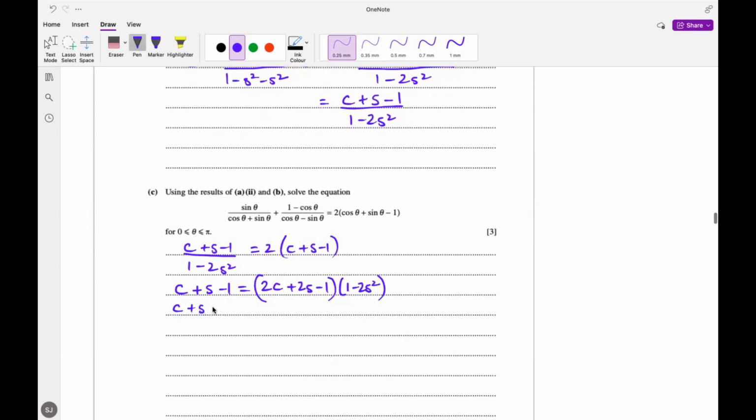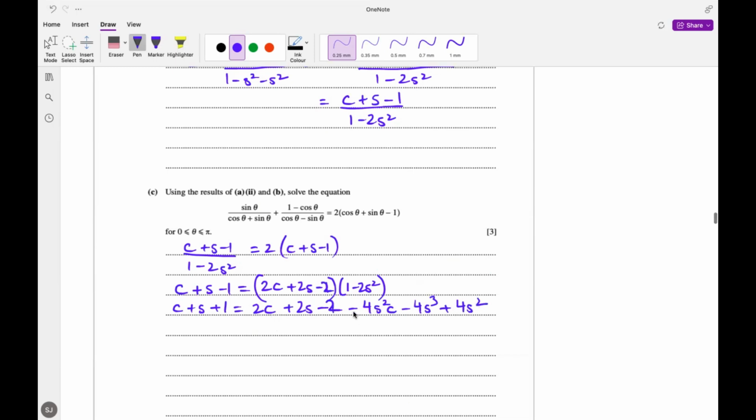Opening up the bracket, we will get cos plus sine minus 1 equals, so 2 cos into 1 will become 2 cos, 2 sine into 1 will be 2 sine, minus 1 into 1, this will become a minus 1, and 2 cos plus 2 sine, so this would have been a minus 2, so this will become a minus 2, and then multiplying 2 cos by minus 2 sine squared, this will become a minus 4 sine squared cos. 2 sine times minus 2 sine squared will become minus 4 sine cubed, and minus 2 into minus 2 sine squared will become a plus 4 sine squared.